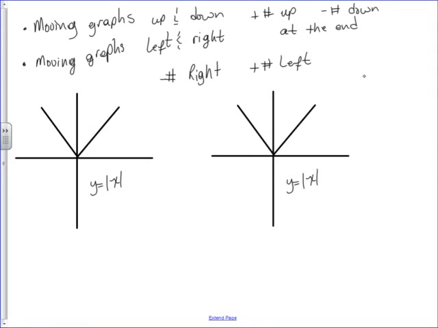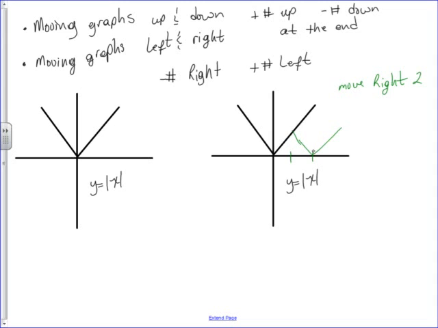I'm going to draw this in green. Move right 2 units. Okay. So, to move it to the right 2 units, 1, 2, let me make that a little further apart for effect. 1, 2, that means our graph would be over here. Okay, still looks the same.